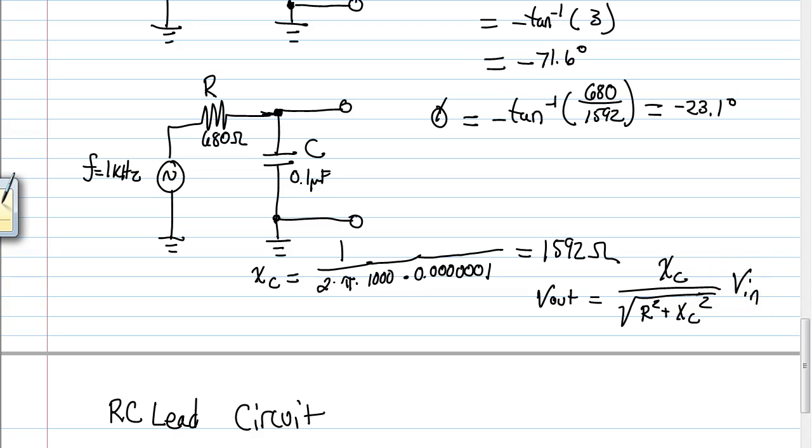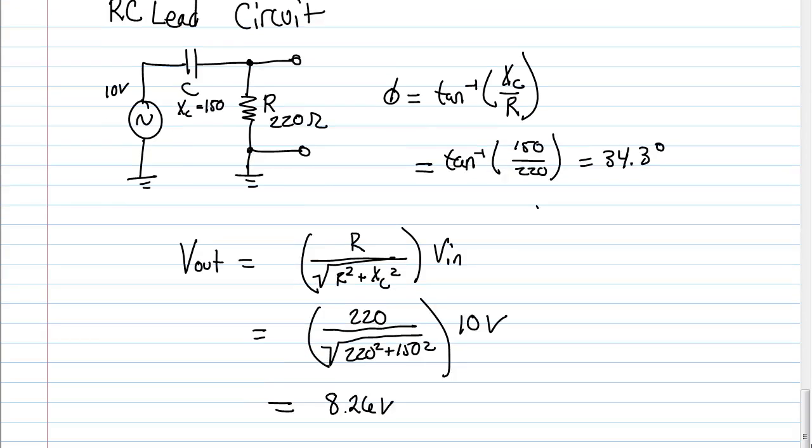So in a lag circuit, we're trying to find the voltage across the capacitor. That's why X of C is the top on the numerator side of the fraction. And in a lead circuit, we take the output across the resistor, which is why R is on the top part of that fraction there. Any questions? So far, so good?